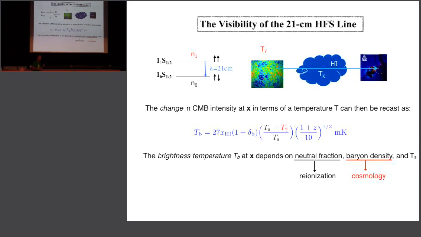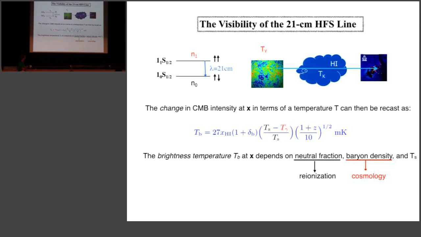So this is the equation that you usually see when you look at studies of 21 centimeter of the distant universe. It's usually written in terms of this brightness temperature change of the cosmic microwave background. And remember that the CMB has a temperature of a few Kelvin, for example.